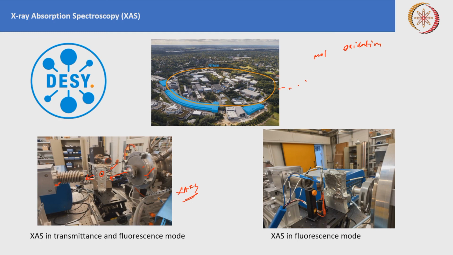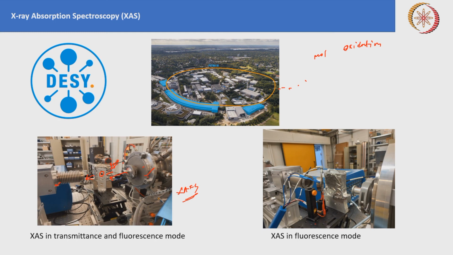Your X-ray is coming from here, and here you are detecting. If you are measuring in fluorescence mode, then you have to do it at a 45-degree angle. So you can measure in transmittance as well as fluorescence mode, and this is the operando spectroelectrochemistry.